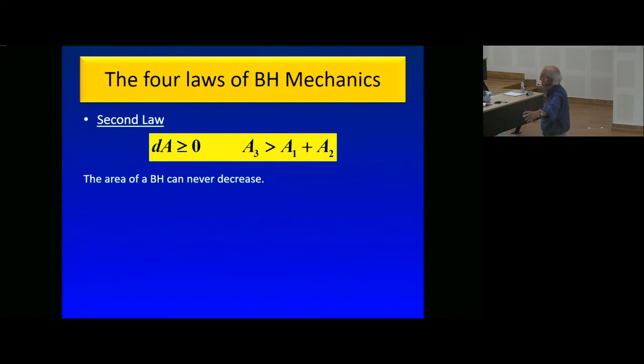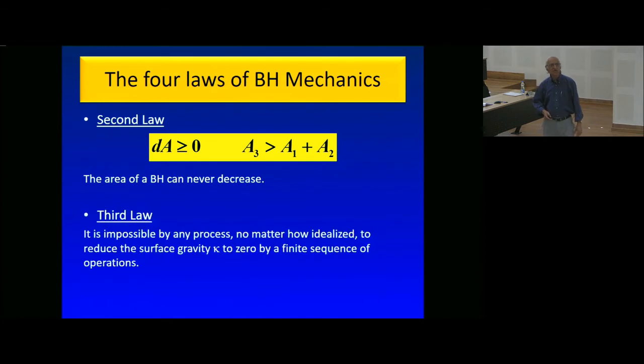Okay? Therefore, again, this reminds us of the second law of thermodynamics, which says that in equilibrium, the entropy of the system can never decrease. It must only increase. So that's suggestive that one should identify the area of the black hole with the entropy of a black hole if such a concept is meaningful.